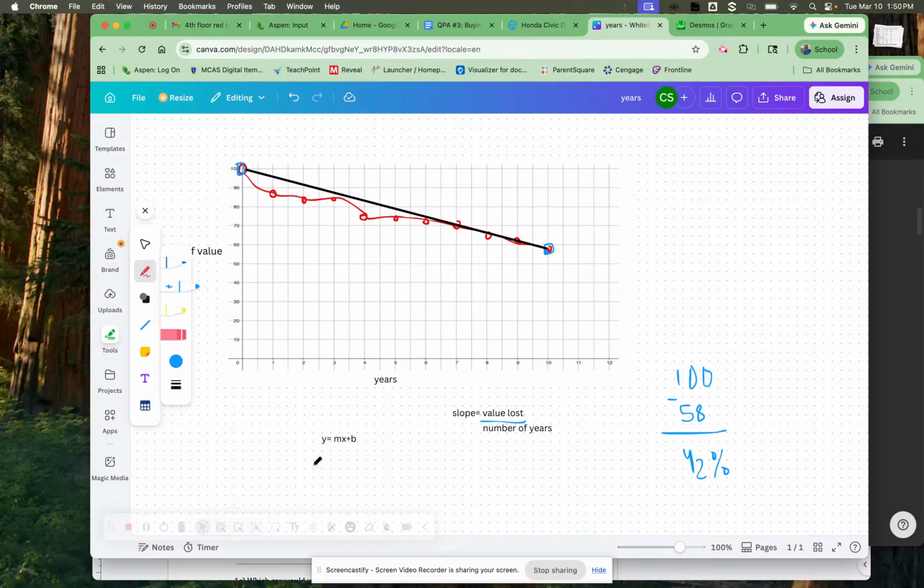So my slope, my m, is going to be negative 42, because it lost 42%. And then the number of years, I can see it took 10 years to get from here to here. So I'm going to divide it by 10. Negative 42 divided by 10 is negative 4.2.